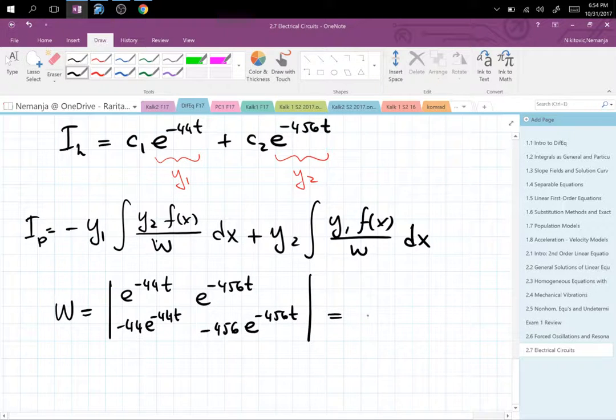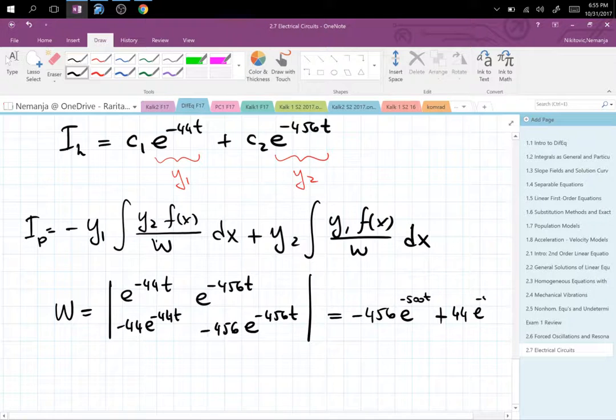So now we have negative 456 e to the blah, because it really doesn't matter, plus 44 e to the same blah. Oh no, we need that blah, actually. So that's going to be, when we add, it's 500.